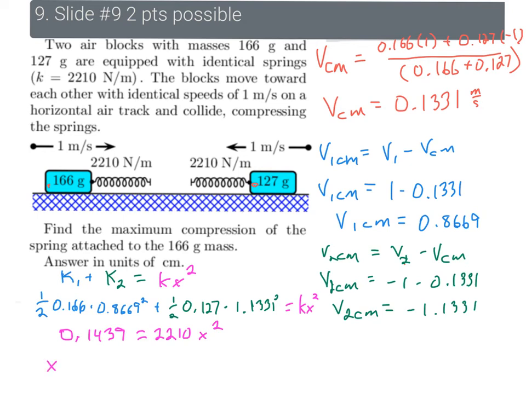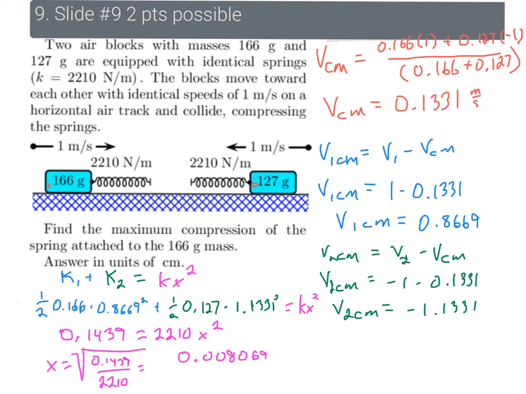So at this point, we will divide by the spring constant and take the square root. And so my value for x is going to come out to 0.008069.